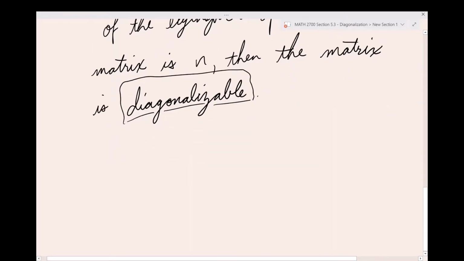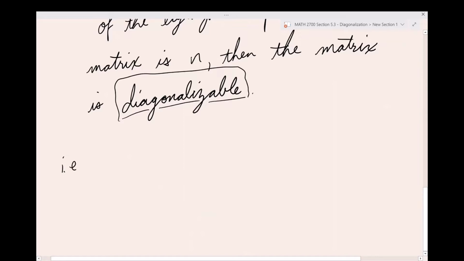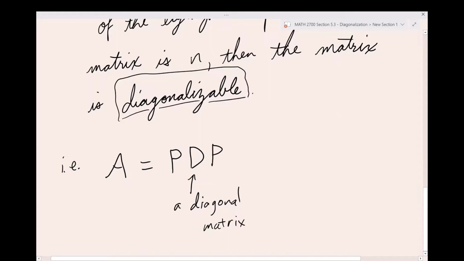Now what does that mean? In other words, that matrix can be written as some matrix times what we would call a diagonal matrix, and then times whatever that matrix on the left was, its inverse.